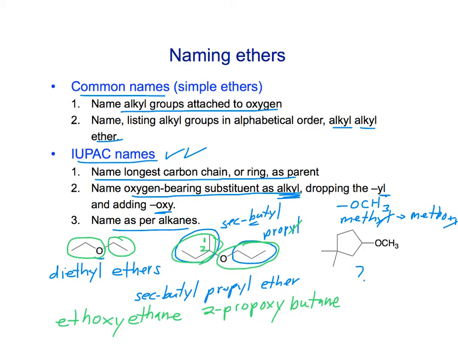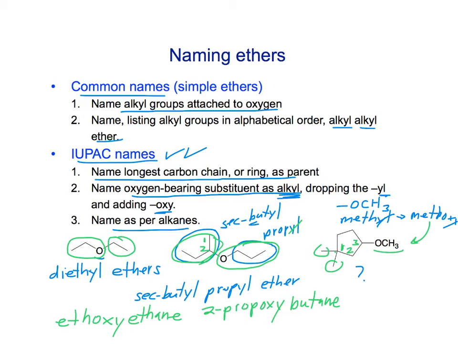All right, what about the last one? We see that our parent is going to be the ring, a cyclopentane. And we're going to have a methoxy group here, and we have 2 methyl groups over here. So where would we start our numbering? One of them is going to be a 1, the other one a 3. We're going to put number 1 over here because that puts the first two substituents at 1, 2, 3.